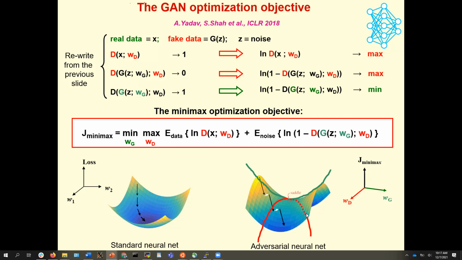But again, we do only one step of maximization, and then we switch again to minimization using the generator weights. That's basically how it works.